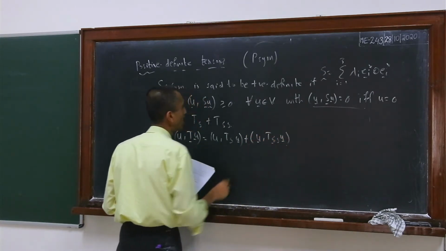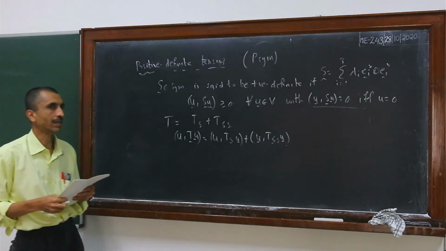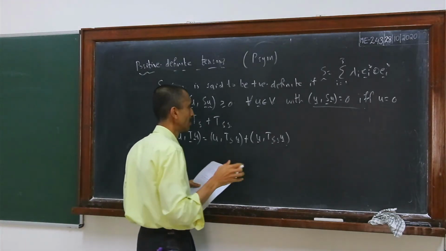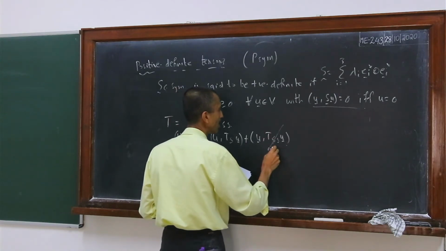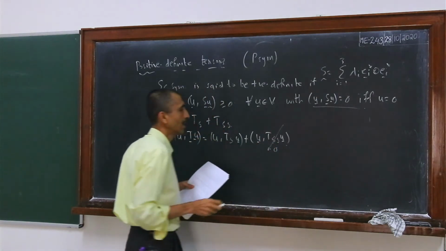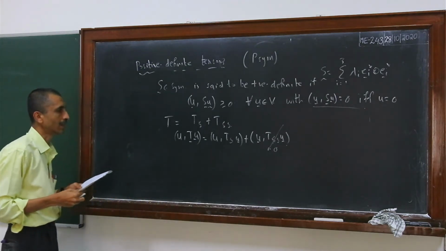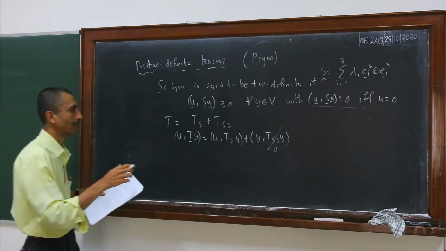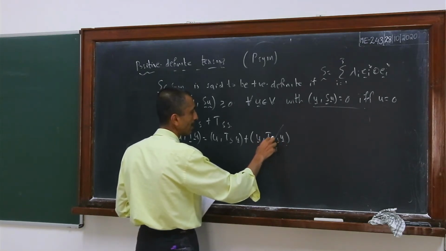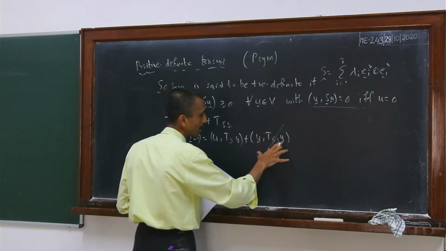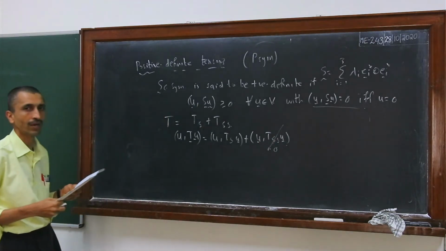And now you can see that u comma T skew u is 0, correct? That is because for a skew symmetric tensor, the inner product with u is equal to 0. This we have already seen, right?